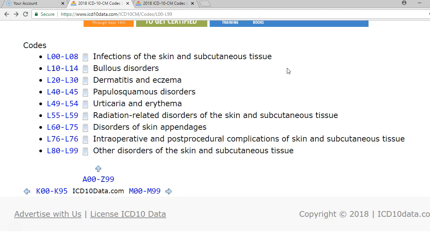We have the papillosquamous disorders. These are going to include things like psoriasis. Remember, squamo is square or square-like, and the papillosquamous disorders, they tend to have like plaque on the top of the skin. We have urticaria and erythema. These are our hives and the rednesses of our skin from a variety of sources. We have a whole series of radiation-related disorders of skin and subcutaneous tissues.